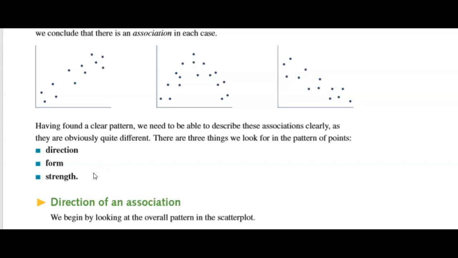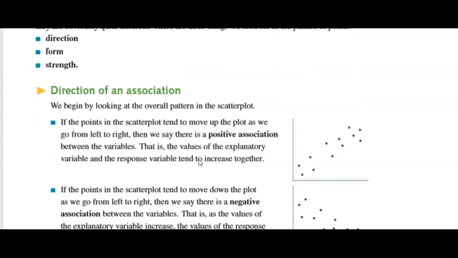Strong would be like a very nice straight line, and then you would have moderate, which is probably what we have here. This looks moderate to strong, and then you also have weak. So even though it's a straight line, it's not very strong. It's not quite linear. It'll probably make more sense when we look at some examples.